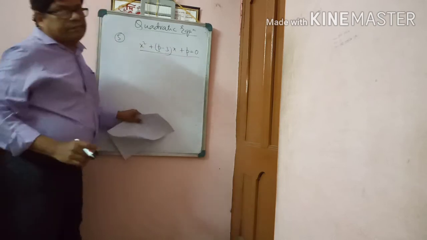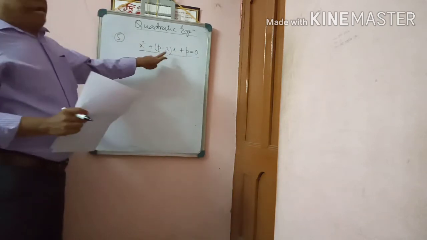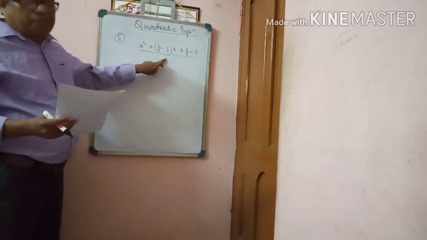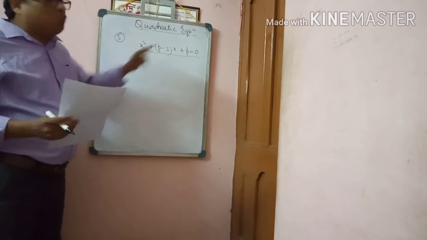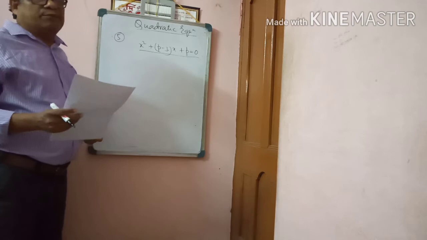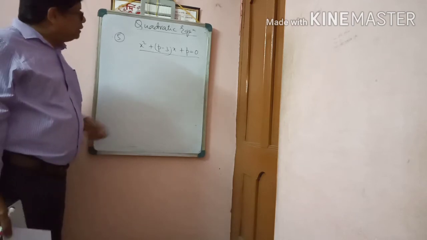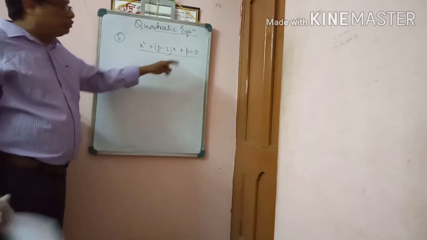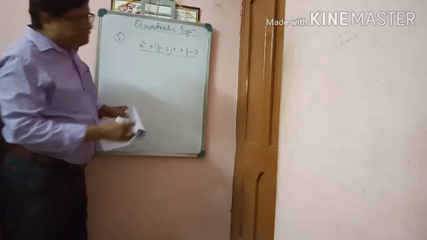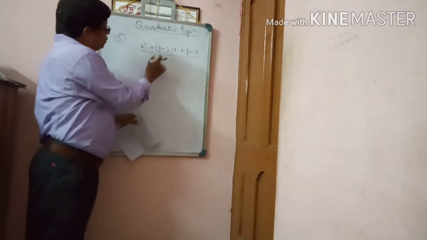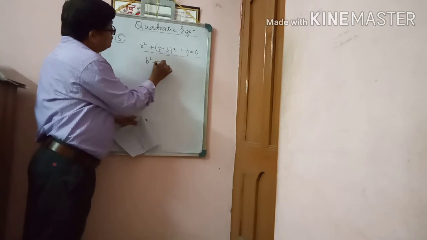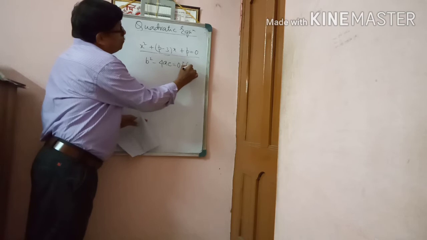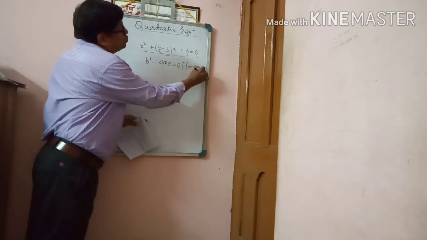The question paper says find the value of p so that the equation has equal roots. All of you know this is a 1, this is b. So write b square minus 4ac equal to 0. You have to write this for equal roots.